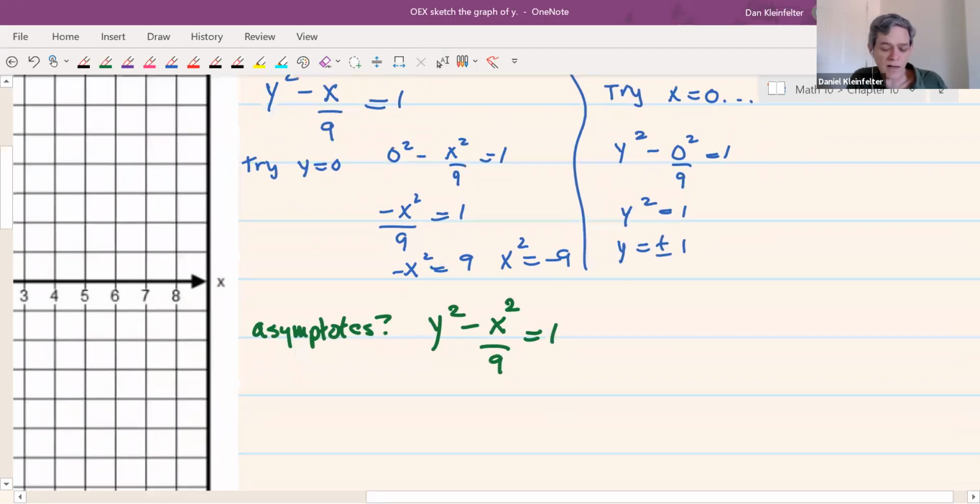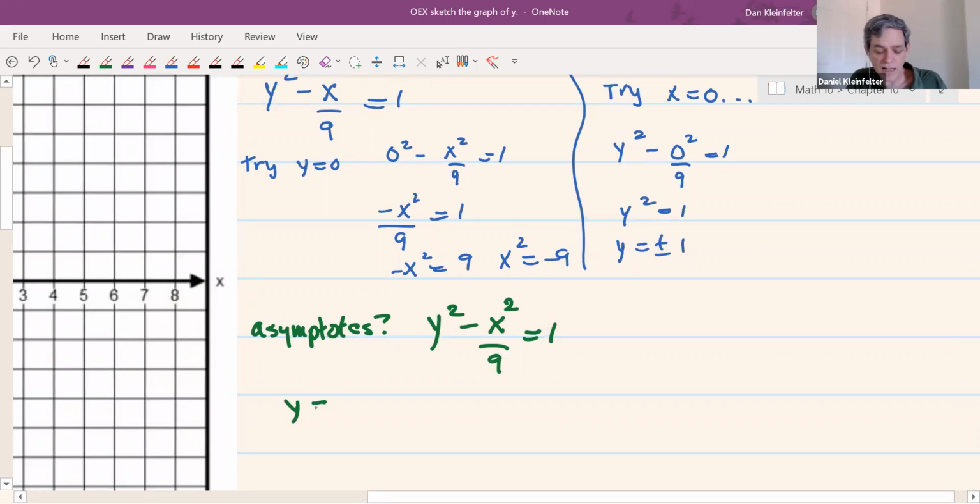Now I know that the formula for the asymptotes will be y equals plus or minus. There's two of them. There's one that's positively sloped and one negatively sloped. And so it will be y equals mx plus b, right, for the equation of a line, but there's no b because it passes through the origin. So really all you need to know is the slope. Okay, y equals something x.